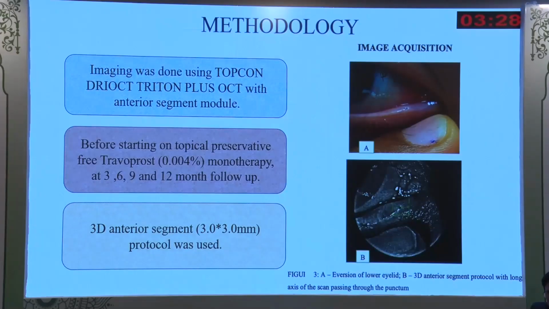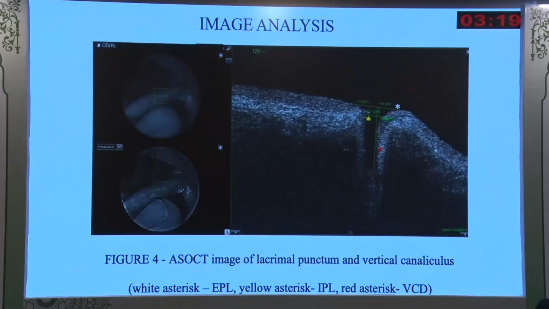The lid was gently everted, exposing the punctum, and the horizontal line of the scan was placed parallel to the lid's mucocutaneous junction, and the image was acquired. After acquiring the image, external punctal diameter was measured from the highest point on the nasal and temporal wall of the punctum. 100 micron below the external punctal diameter, the horizontal line measures the internal punctal diameter, and the vertical canalicular depth is from the perpendicular line from the external punctal diameter to the base of the punctum.